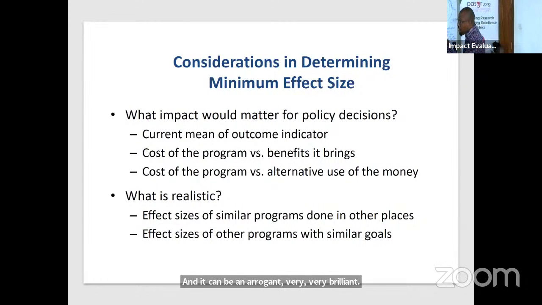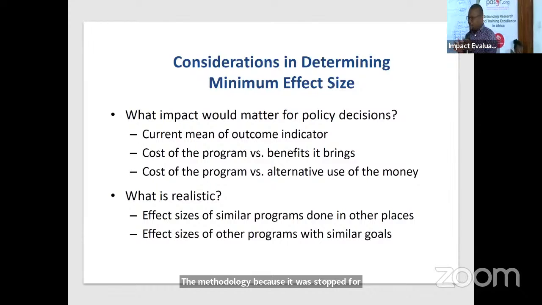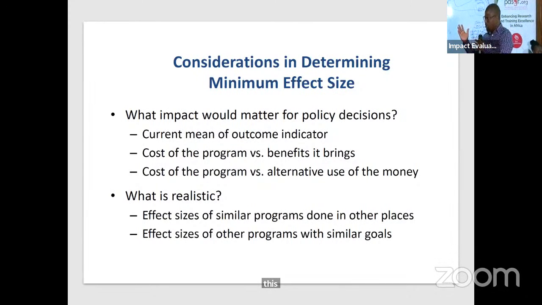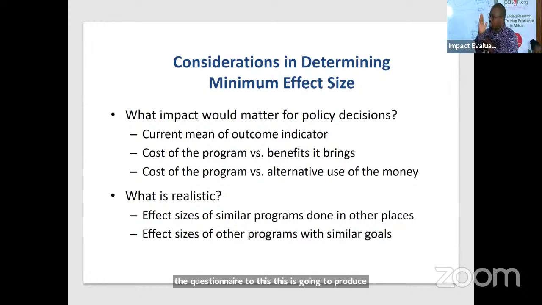So he identified a statistical gap in the way the data was being collected, the methodology, because it was stopped for methodological reasons. That methodology was not consistent. When people looked at the data, they toyed around with statistics. This year it was like this, this year you changed the questionnaire to this, and this is going to produce different results. In some instances, it favored Chile.